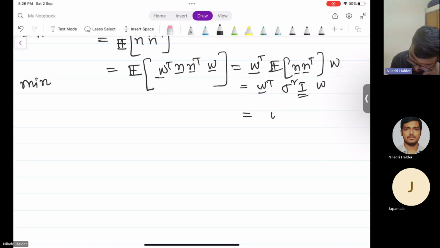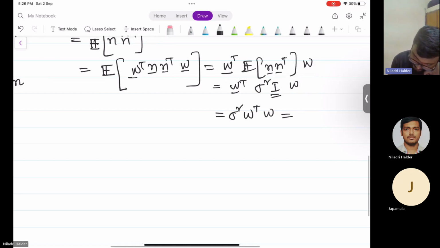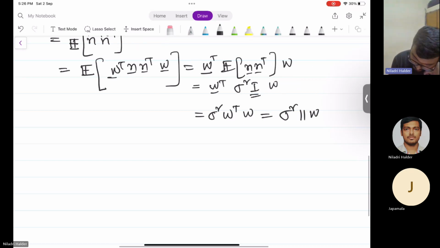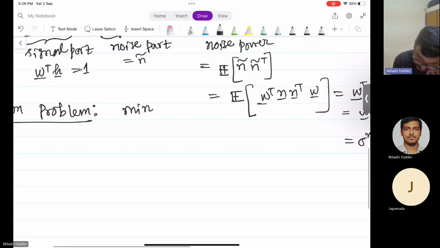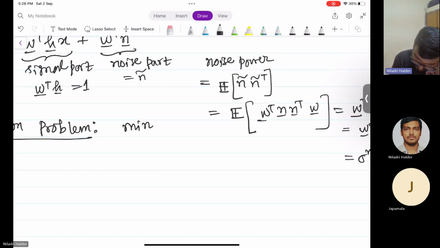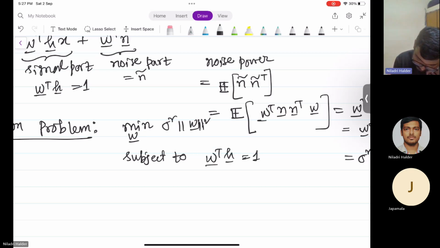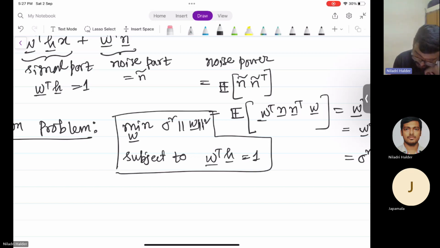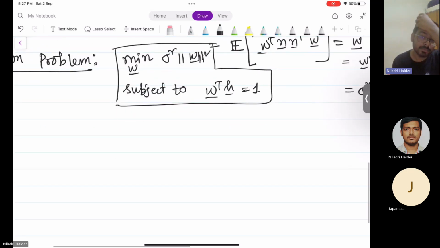So it is w transpose w sigma square, which can be written as sigma square norm of w squared. Then we minimize this noise power with respect to w, subject to w transpose h equal to 1. This is the optimization problem.